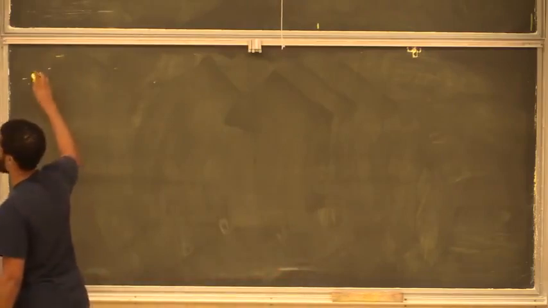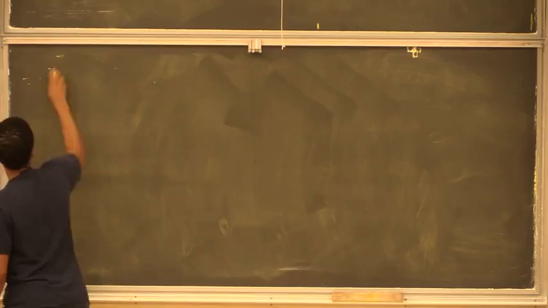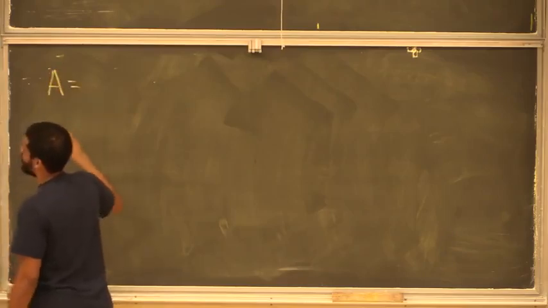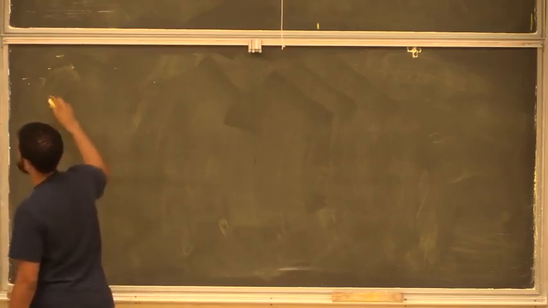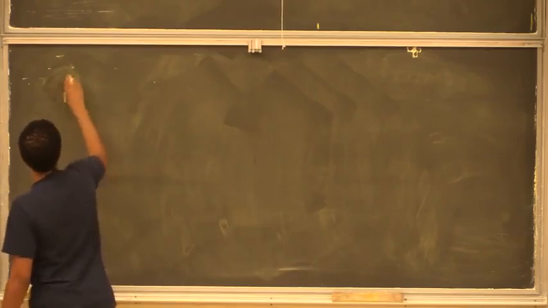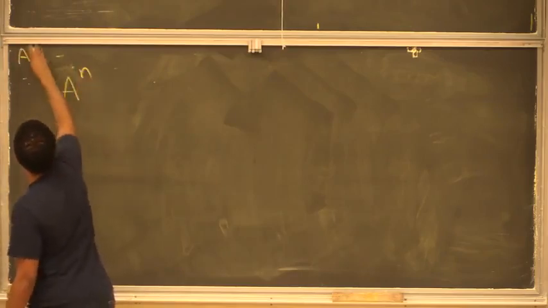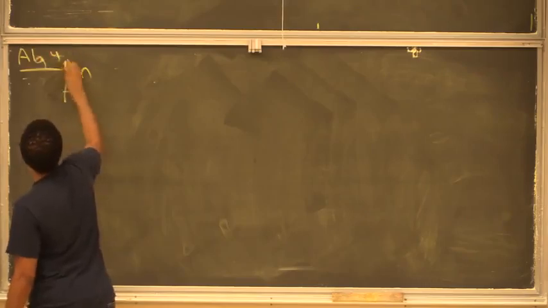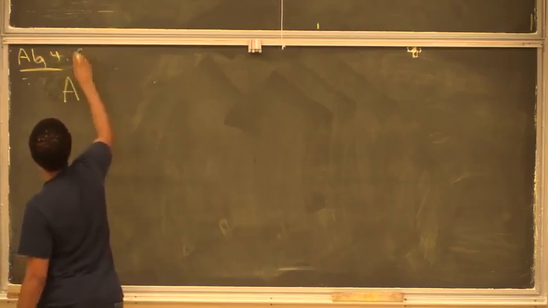So we have this matrix A. Well, we said that A to the n, so this is algorithm 4 now, and I'll just call this constant time.